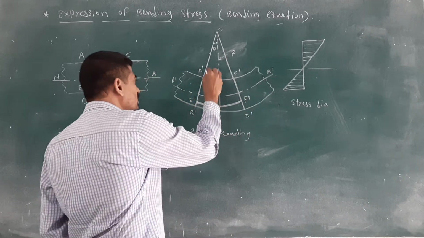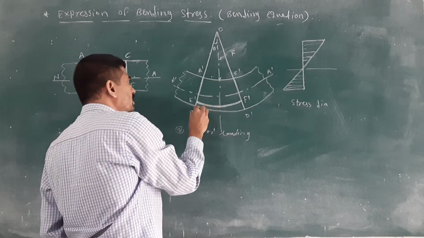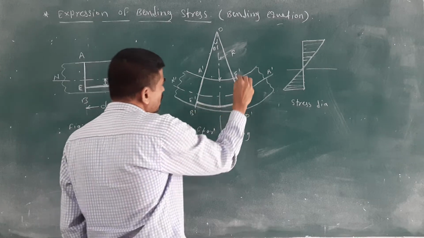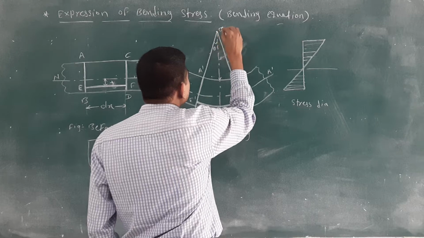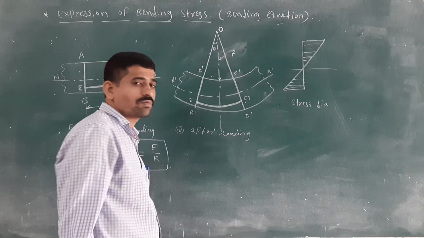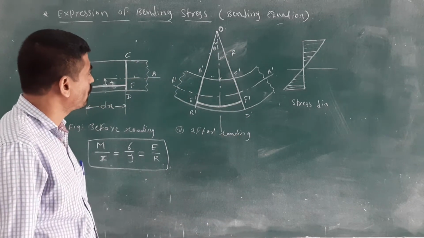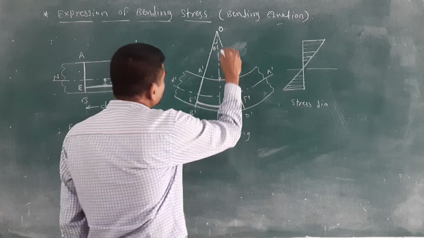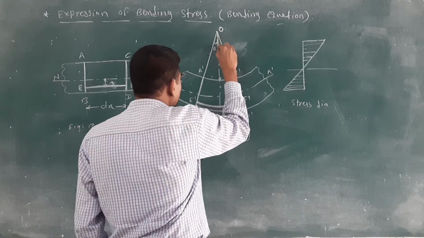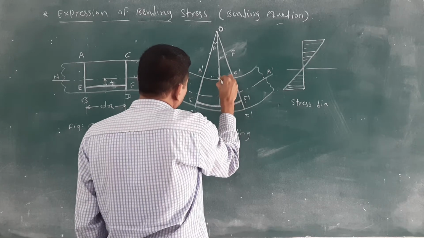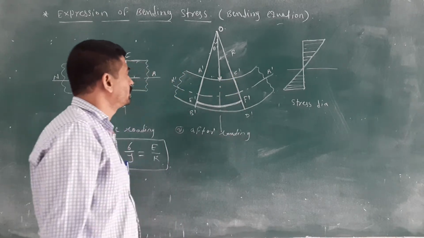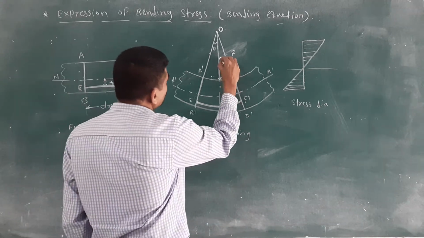When you extend these two sections, A dash B dash and C dash D dash, they will meet at a center point O. From this center point to the top of the object we get the radius of curvature.